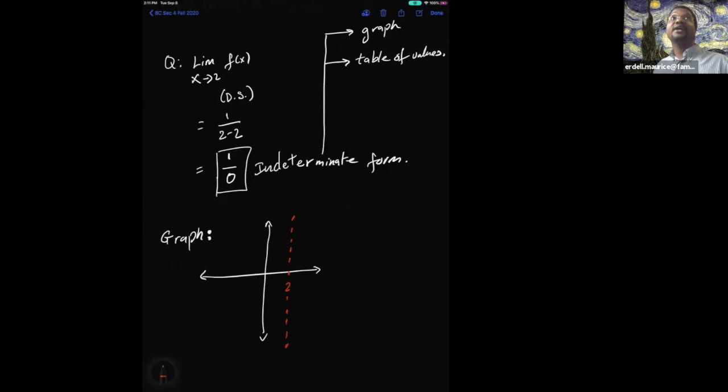This is a 1 over x graph shifted 2 units to the right. And so what you would have is one boomerang shape right here, and then the graph will jump to the other side, and then it will go like so.